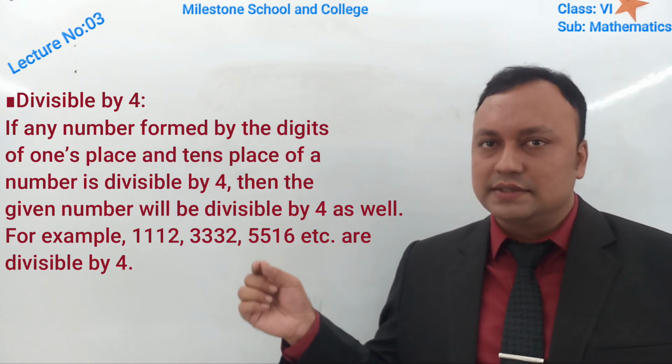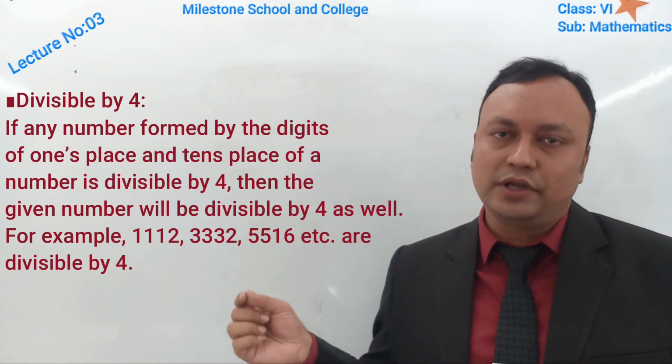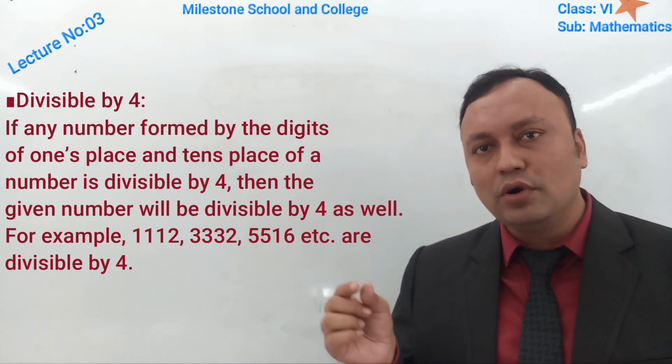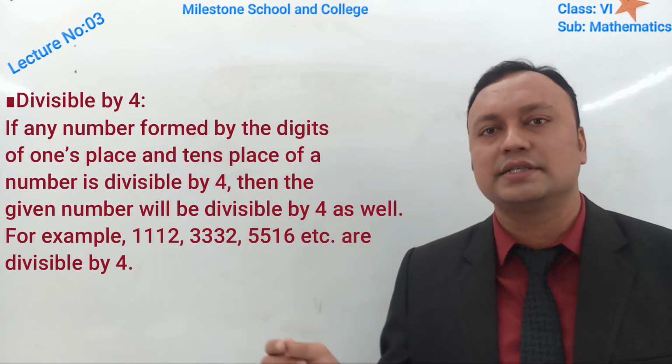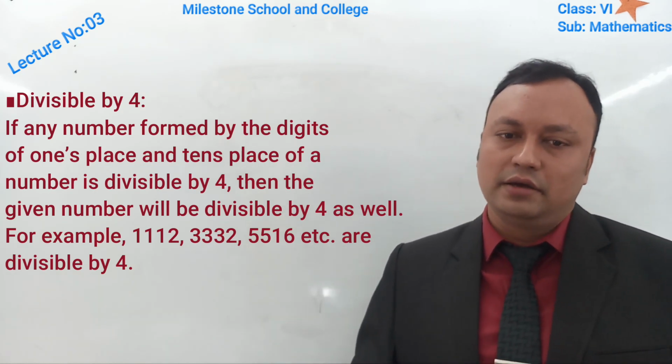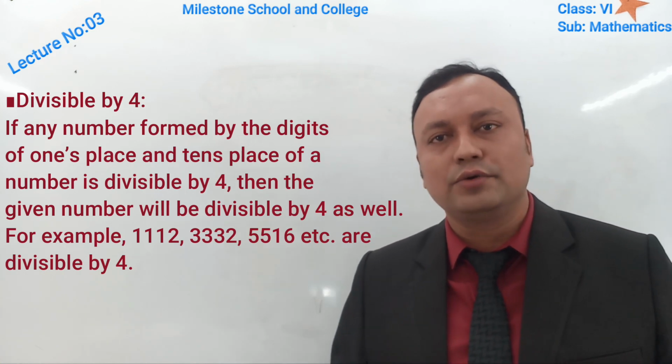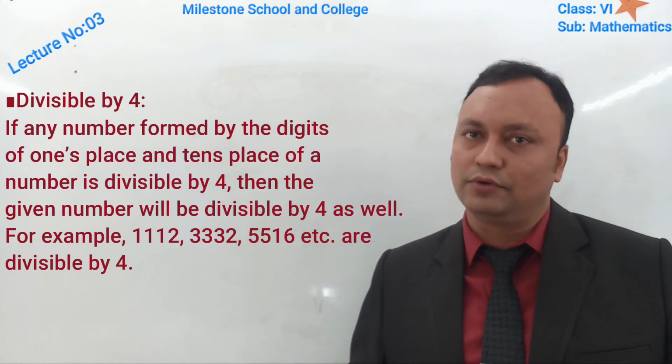So if 16 is divisible by 4, you know 16 is divisible by 4, 4 fours are 16. So this whole number 5516 will be divisible by 4. So this is the divisibility rule of 4.